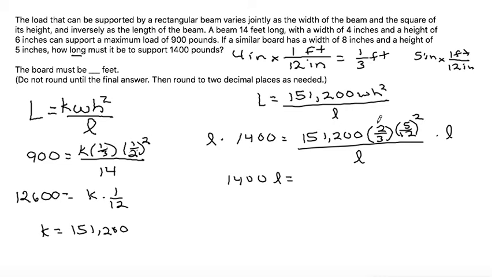So it would be 50 as the numerator divided by 3 times 12, but that would be a fraction.